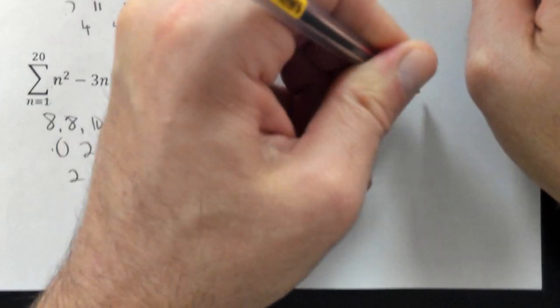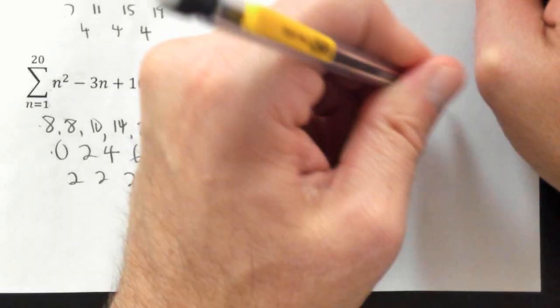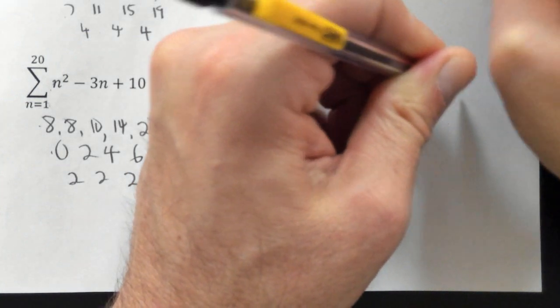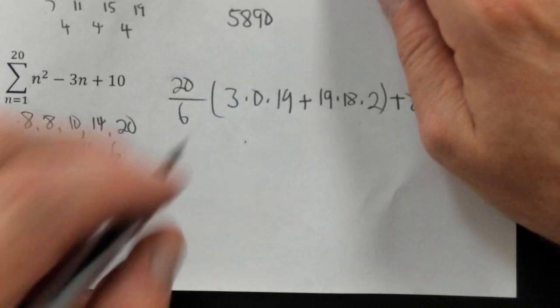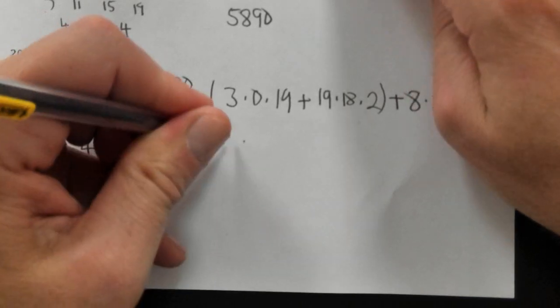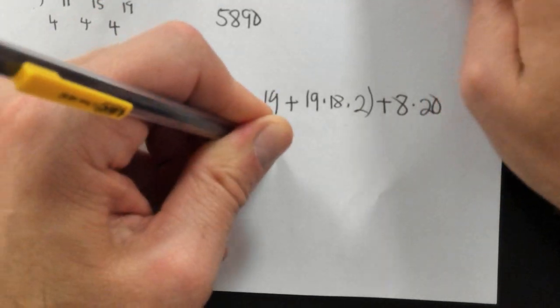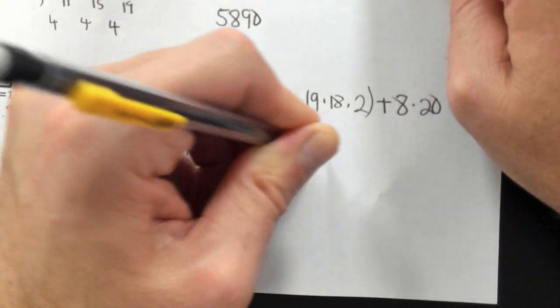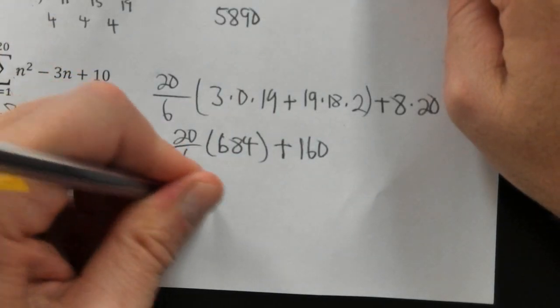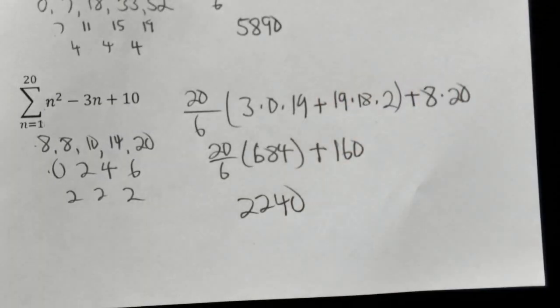We close it off, plus the first term, which is 8, times the total number of terms, which is 20. We throw all this into the calculator. We get 20 over 6, that whole parentheses is going to be 684, and then plus 160 to the end of that. 2240 is what we should get when we add that up.